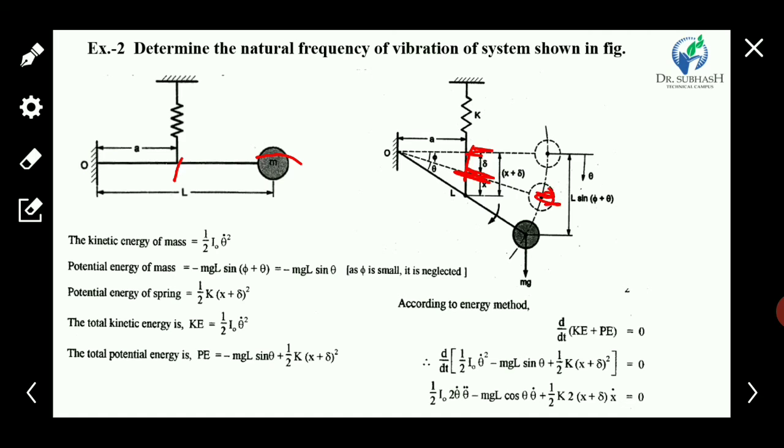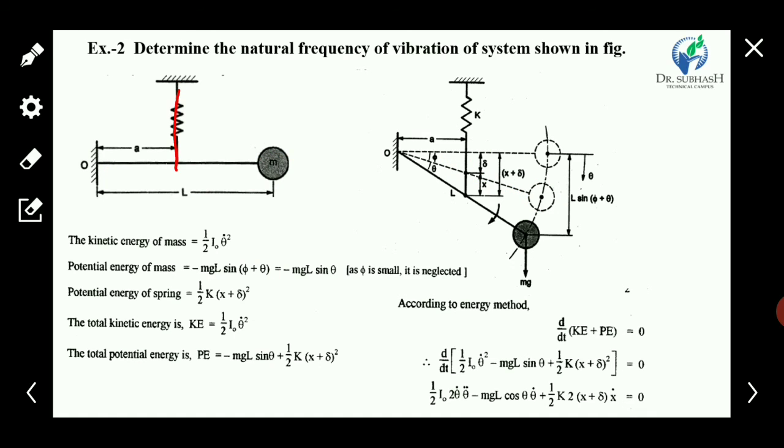At that position, the spring and mass are both in equilibrium and the pendulum is steady, not moving. So both torques are equal. Which torques? The torque generated due to the spring force and the torque generated due to the gravitational force, or weight of the attached mass. So two torques are there.